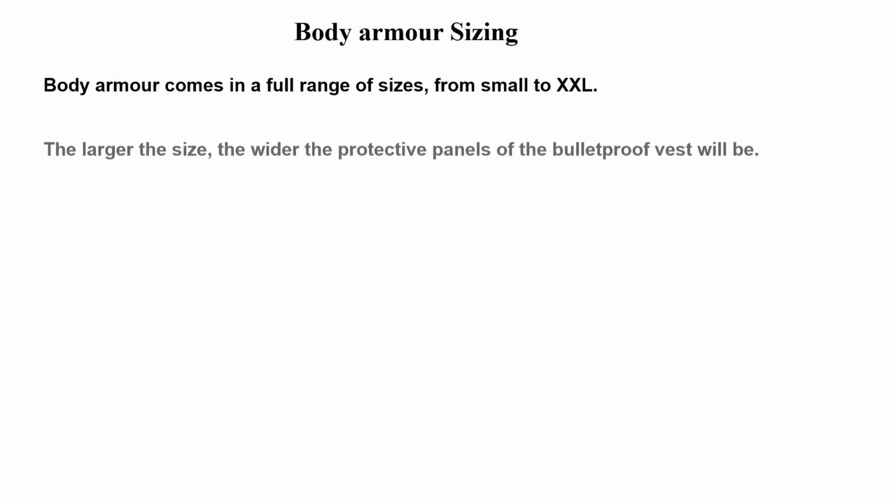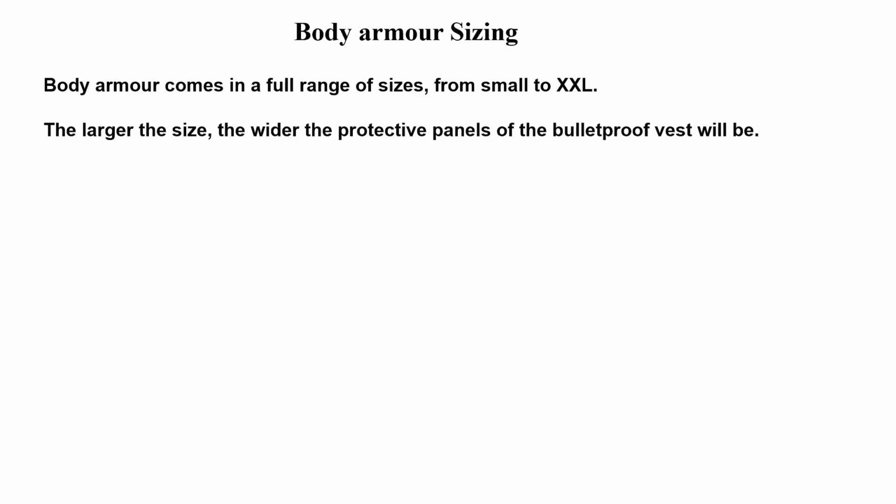The larger the size, the wider the protective panels of the bulletproof vest. So, for larger sizes the body size will be larger, the panel size will be larger, and the weight will also be definitely higher.